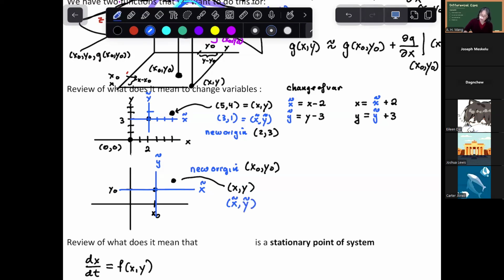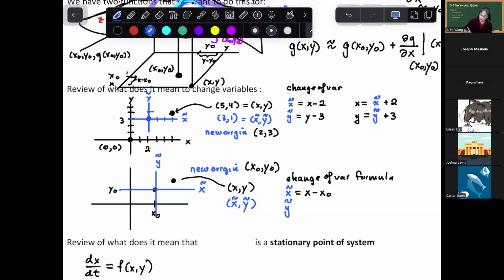So can you guys tell me what is the change of variables formula? If I want to find the blue, what would the change of variables formula be? So x tilde equals x minus x naught. Perfect. And what else?